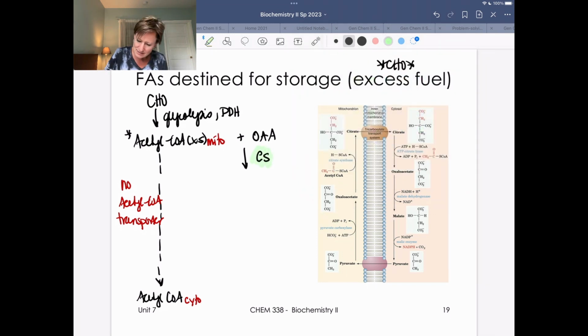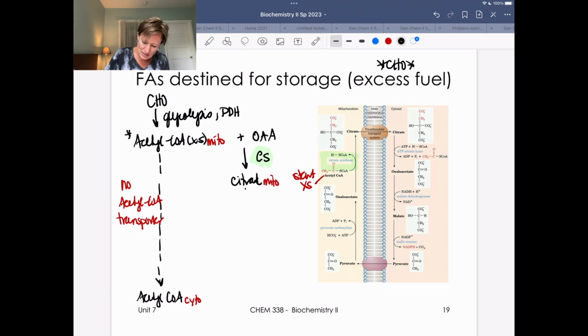So citrate synthase is right here, and this is where we're starting when we have excess acetyl CoA. Excess acetyl CoA in the mitochondrion from pyruvate dehydrogenase chemistry, taking glycolytically derived pyruvate, generates acetyl CoA. Citrate synthase is going to convert it into citrate, but that is in the mitochondrion.